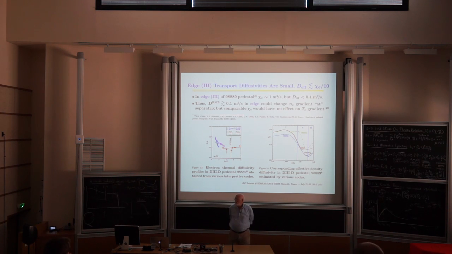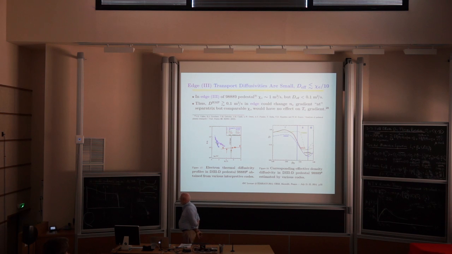It turns out it's really strange. But usually in plasmas, the electron heat diffusivities, radial, are within a factor of 2 or 3 of the density diffusivities. So, you go through all these kinetic models, and they're within a factor of 2 or 3, with chi-e, the electron heat diffusivity, being 2 to 3 times the density diffusivity.